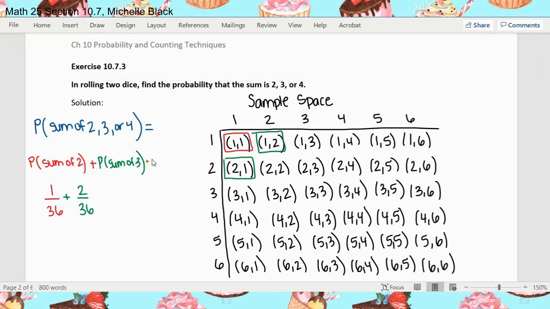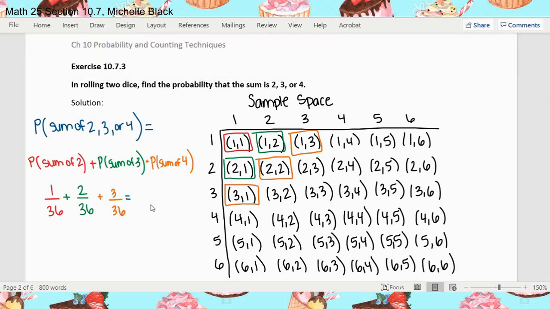And lastly, let's find the probability of getting a sum of 4. That can happen when I roll a 3 and a 1, or a 2 and a 2, or a 1 and a 3. So 3 of my 36 outcomes.